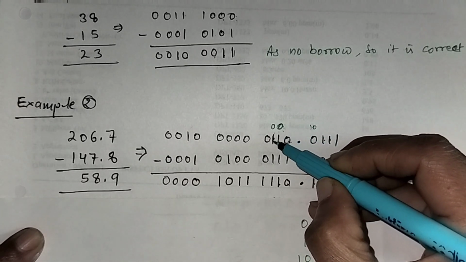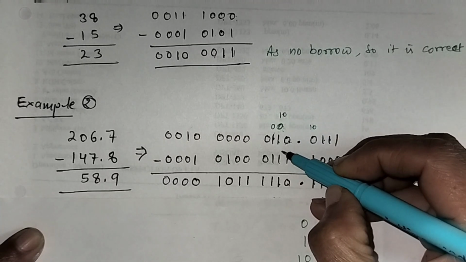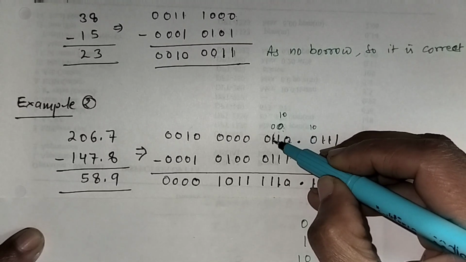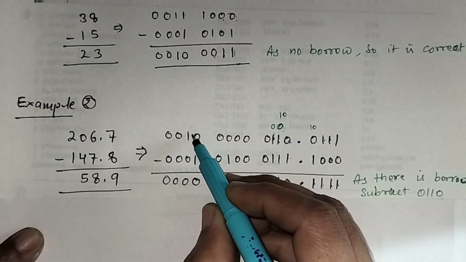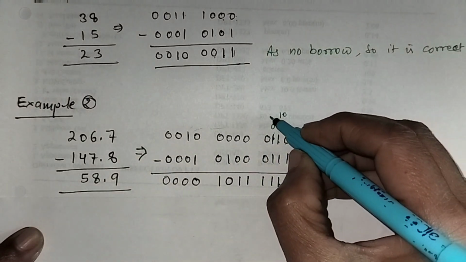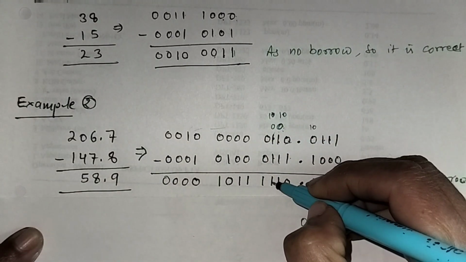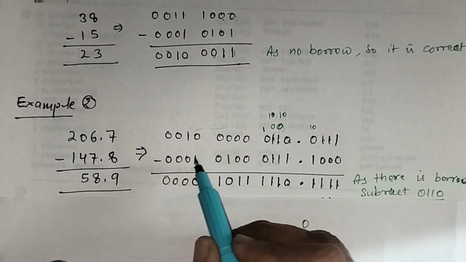Now we will have to borrow from here, so it will become 1 0. Now 1 0 minus 1 will be 1. Now it will become 0 as borrowed from here. Now we will have to borrow from here. So when we borrow from here, it will be 1 0. So 1 0 minus 1 will be 1. All the numbers from here to here will be 1.